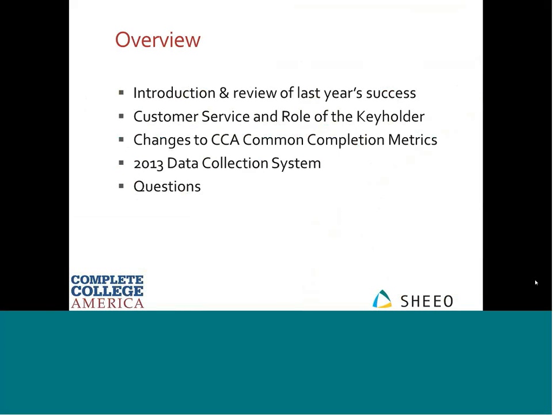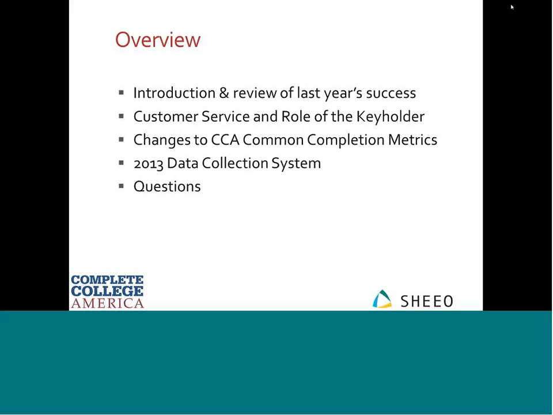Here is an overview of what we're going to talk about today. The first thing that I want to do is talk about last year's process just briefly and the success that we had in last year's data reporting process. The second thing that I want to talk to you about is the role, specifically the role of the key holders, since this webinar is designed to meet the needs specifically of key holders. And then I'm going to turn it over to my colleague Michael Baumgartner from CCA.